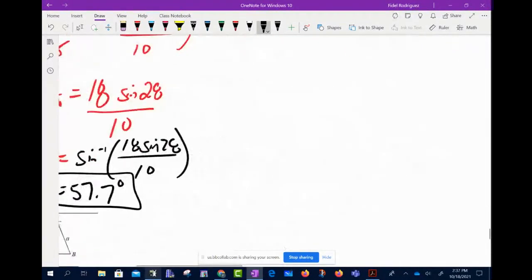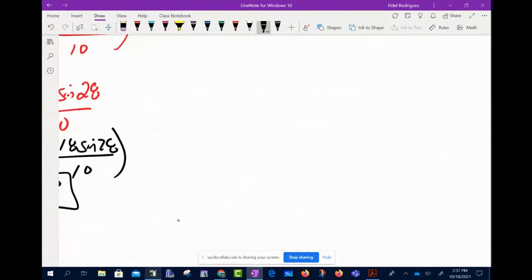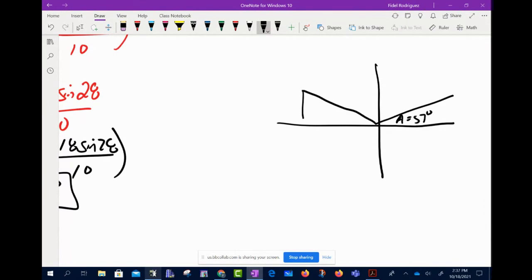All right, so guys, just like we did before, I want you to think about what's going on. The angle that we came up with for A was 57.7. Remember, sine is positive in both quadrants 1 and 2. So if I have my angle here in quadrant 2, if that reference angle is 57.7, what I need to find is this angle right here, because it's possible I may have a second triangle.